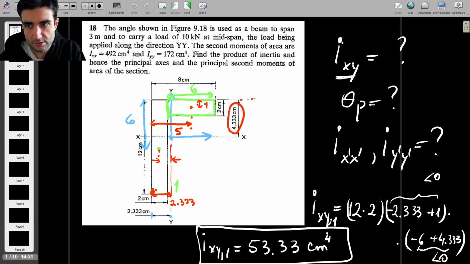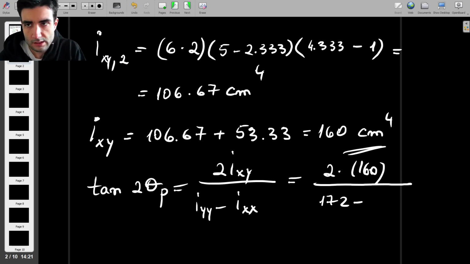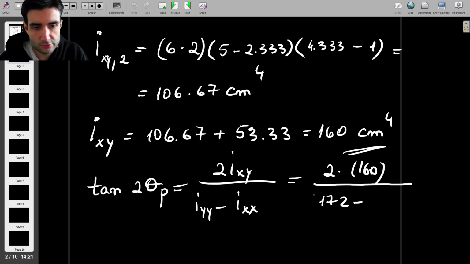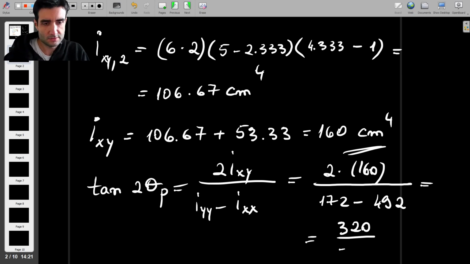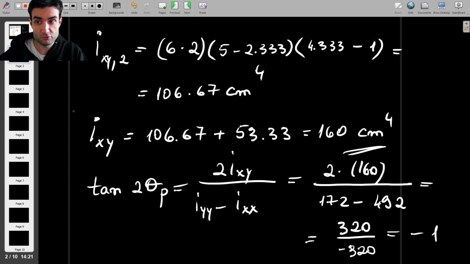So IYY is 172, and IXX is 492. So we're going to end up with a negative value here. So it's 320 over minus 320. So it's going to be equal to minus 1, which is a nice round number.